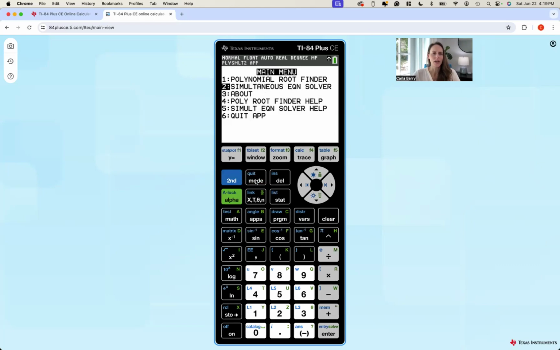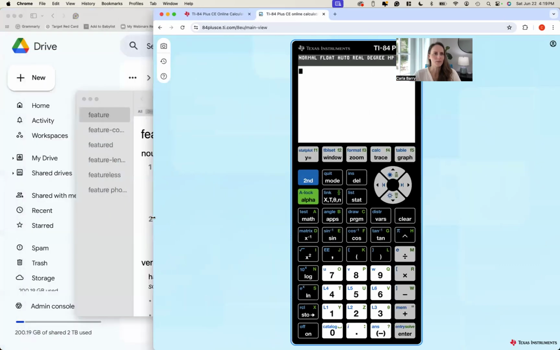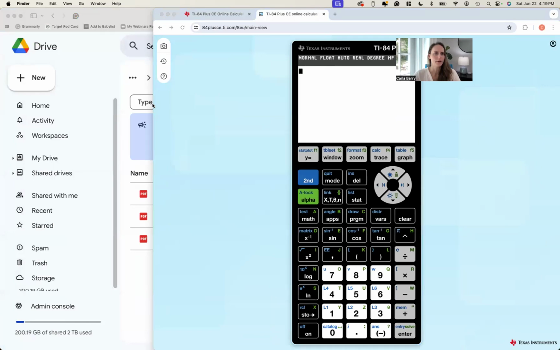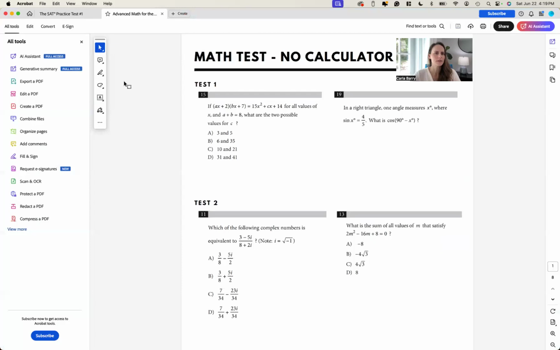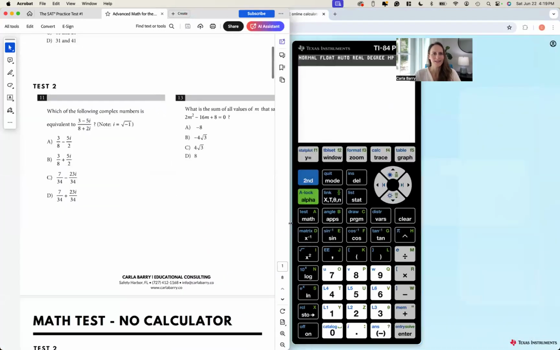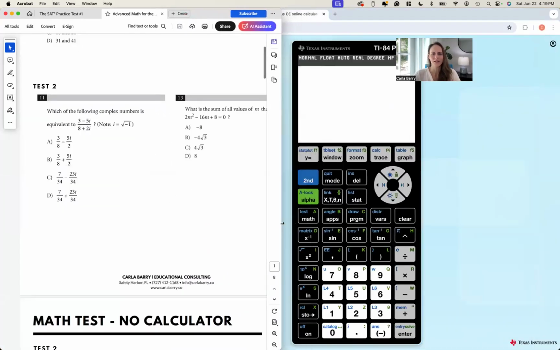Now, there's a bunch of other good stuff in your calculator. To illustrate some of these, I'm going to minimize this and pull up questions from an older advanced math handout that still stays so useful and relevant for the SAT.